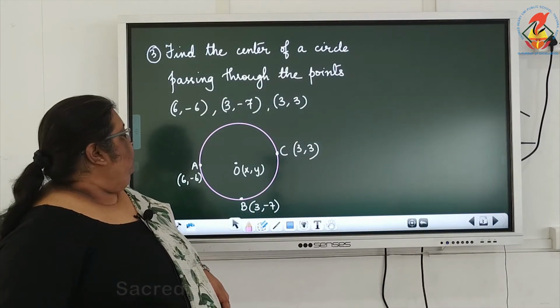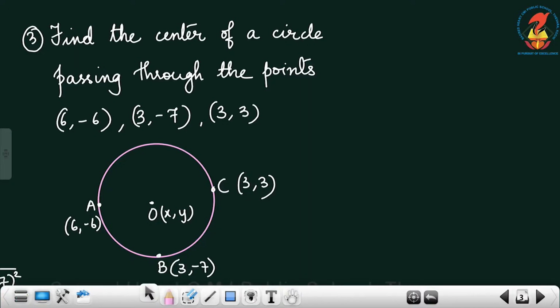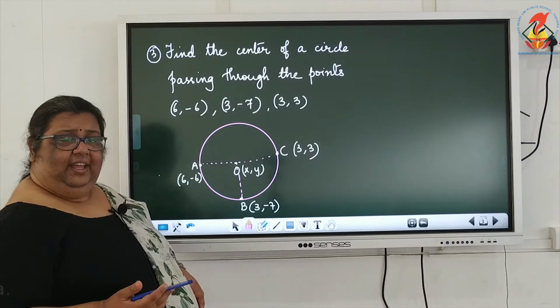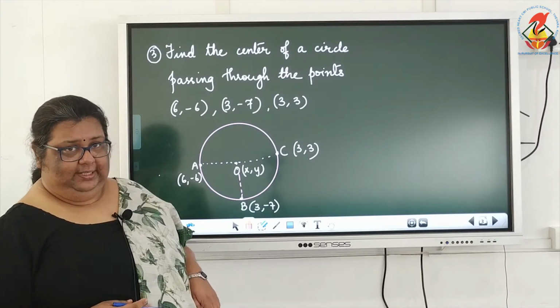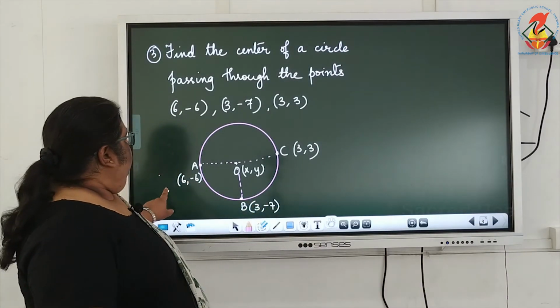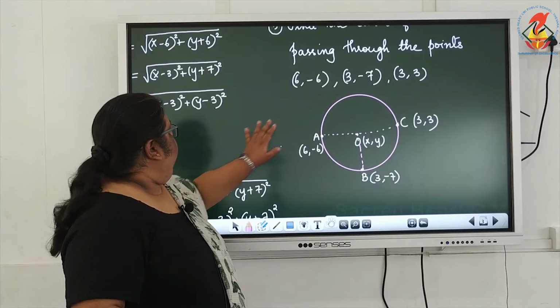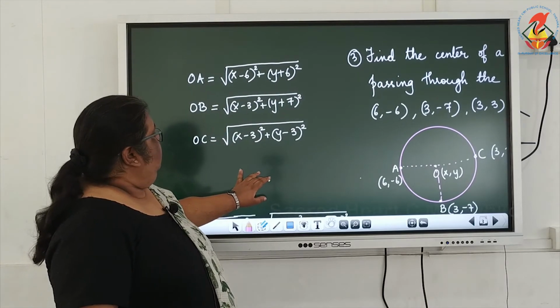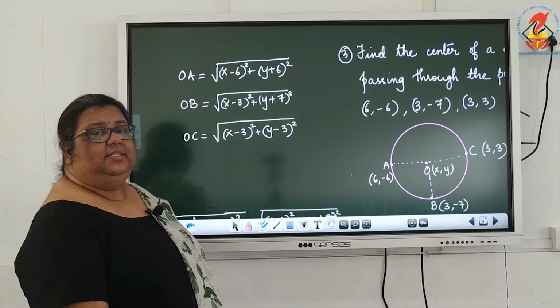So here we are first going to find the distance from O to A, then O to C, O to B. All these are radii of the circle, OA, OB, OC. So we are going to find the distance. OA will be, what is the distance formula?